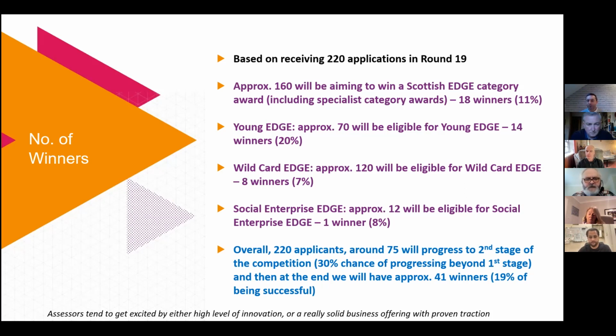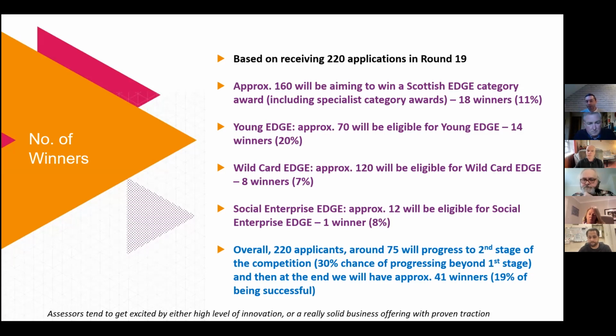Young Edge, due to some additional support from Scottish Enterprise over the last round and into this round, we've gone from our previous total of 7 award winners and doubled the amount, and that's just recognising some additional support for young people starting out in business. So we're going to have 14 winners, and typically we have around 70 businesses that are eligible.